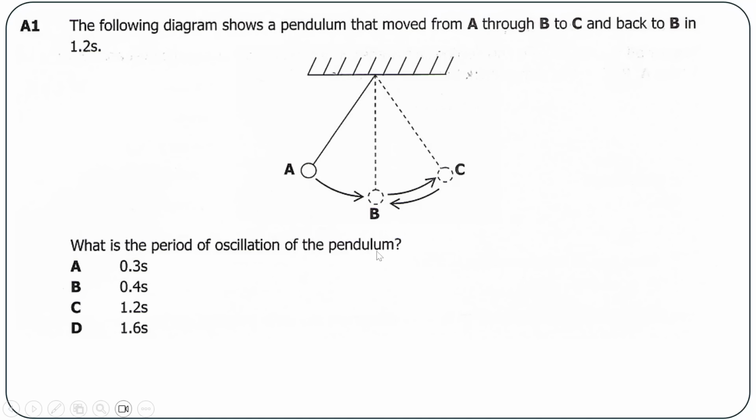Okay, the answer is period is equal to time over number of oscillation, where time is 1.2 over number of oscillation. From here to there and back here is actually 3/4, which is 0.75. If we divide 1.2 by 0.75, we'll get 1.6 seconds. So the period is actually 1.6 seconds as the answer.